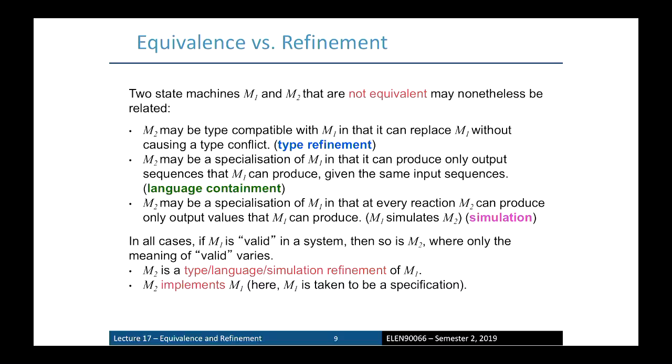Okay, and we're going to say that M2 implements M1 if M1 is some specification. So I might give an example, for instance. If M1 was a specification, it might be an English specification, maybe for me to get to the other side of the table here.